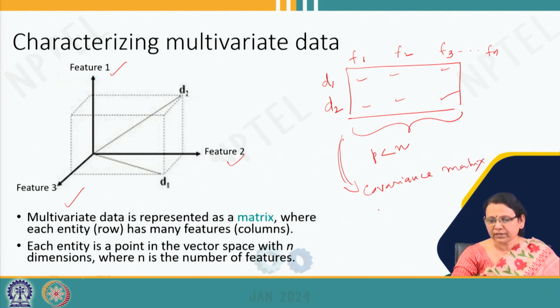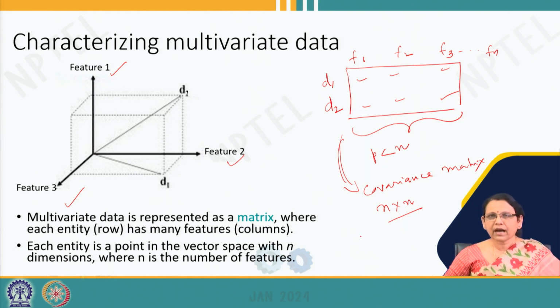If we have n features, the covariance matrix is going to be of size n cross n. This covariance matrix is a square matrix as well as a symmetric matrix, with the diagonal elements as the variances and the individual elements as the covariances.